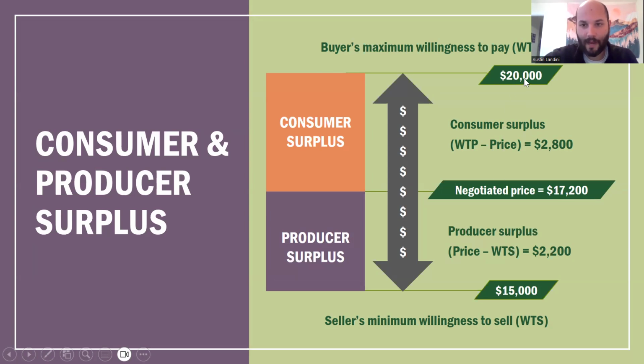This consumer would have paid $20,000, but only has to pay $17,200. So their consumer surplus is the difference. And likewise, the producer would have sold at $15,000, gets a price higher than that, so they get some producer surplus as the difference between their minimum willingness to sell and the market price.